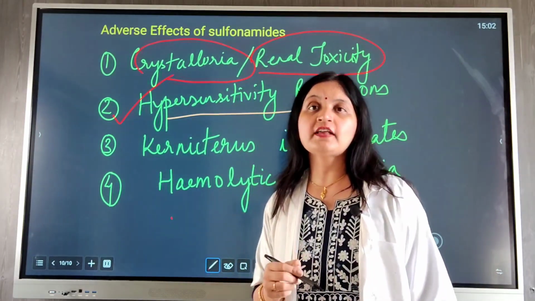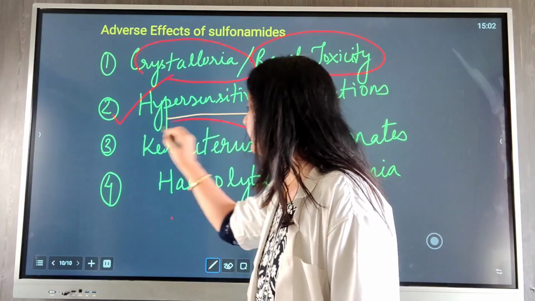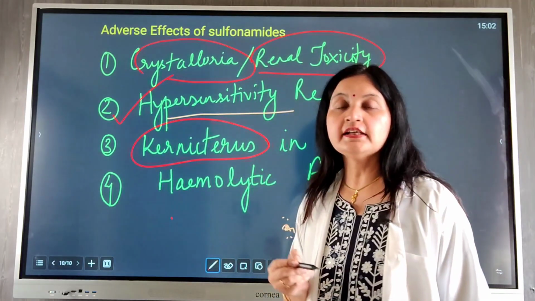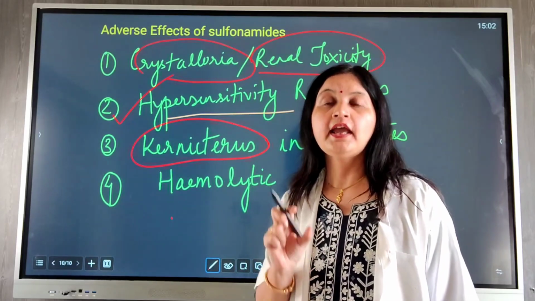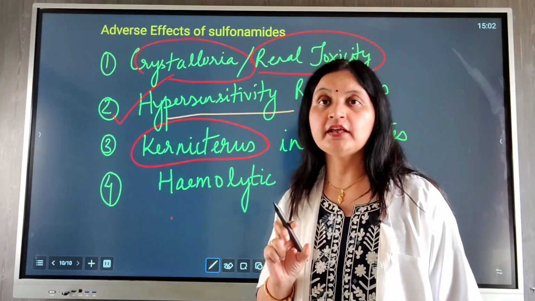Now, another limitation of sulfonamide is that it can cause kernicterus. Kernicterus is neonatal jaundice where bilirubin gets deposited in the basal ganglia and subthalamic nucleus.